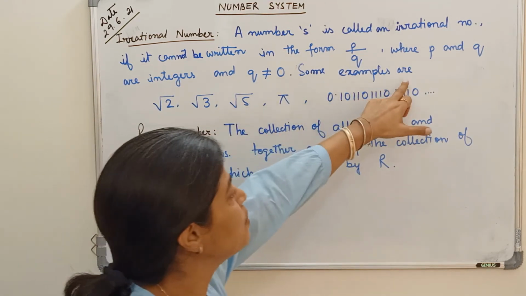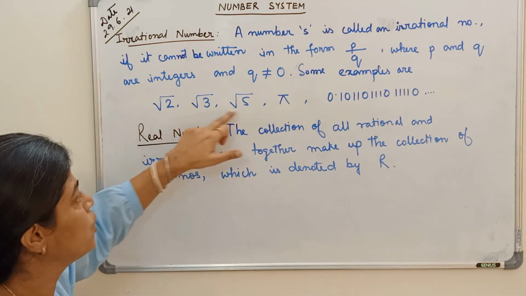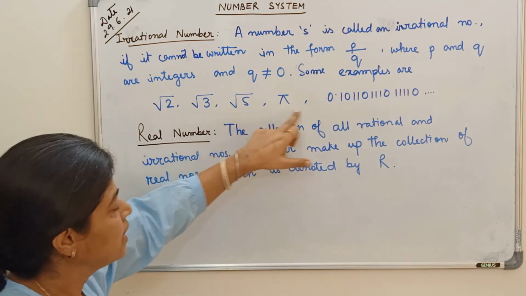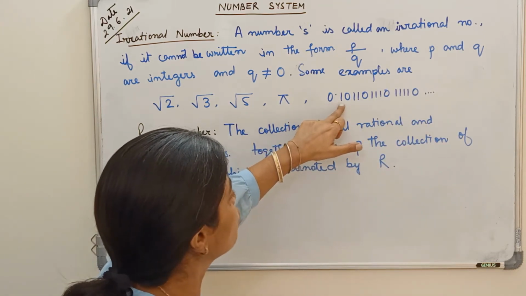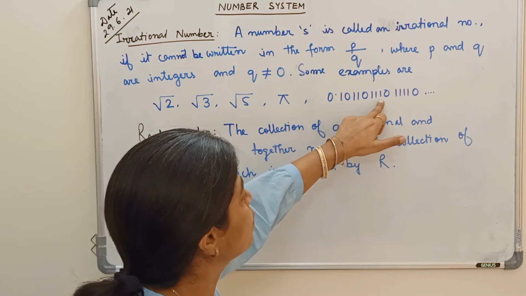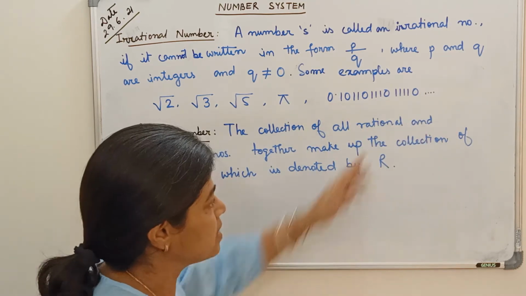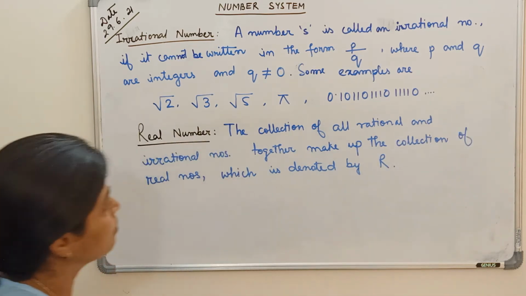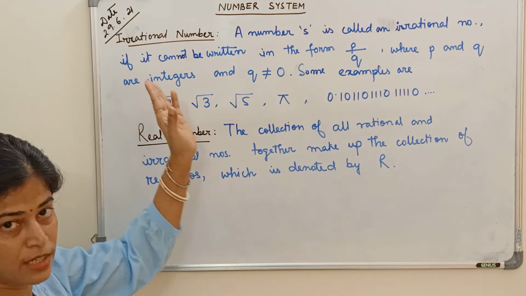Earlier we came to know a rational number can be written in P by Q form. Some examples of irrational numbers are root 2, root 3, root 5, pi, and suppose a number is 0.10110111011110, like that. It's never ending. It's a non-terminating number. Such numbers are called irrational numbers.